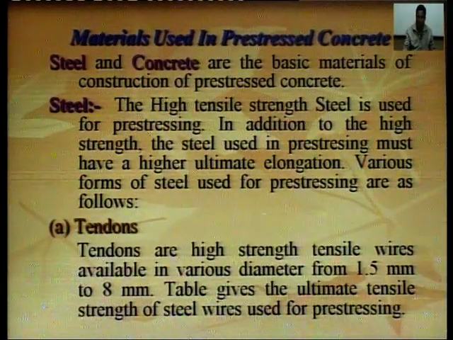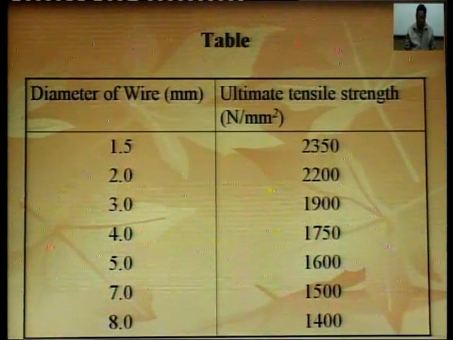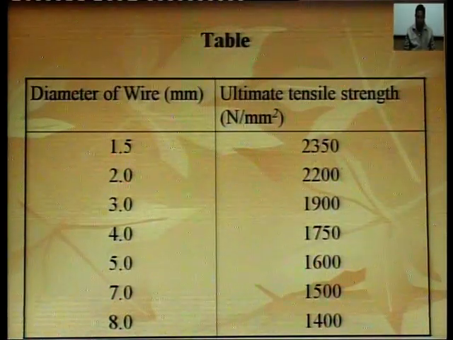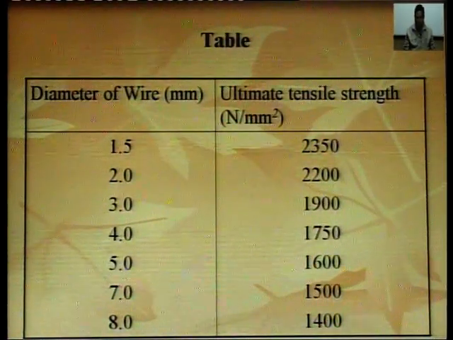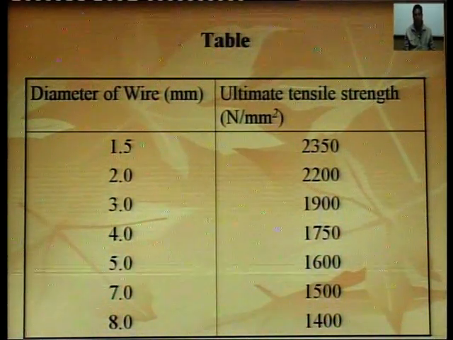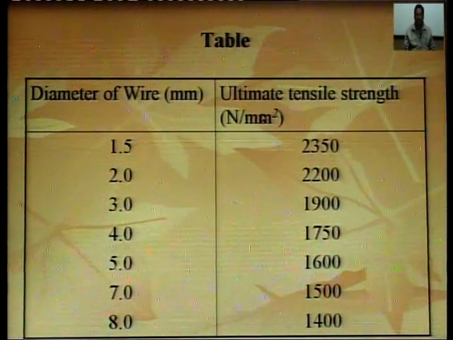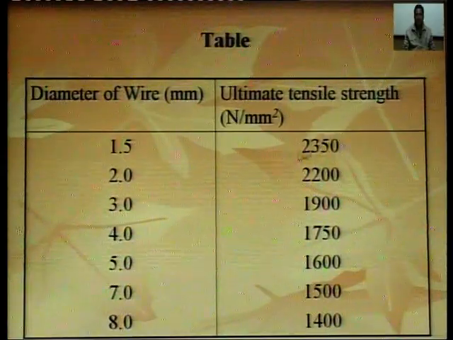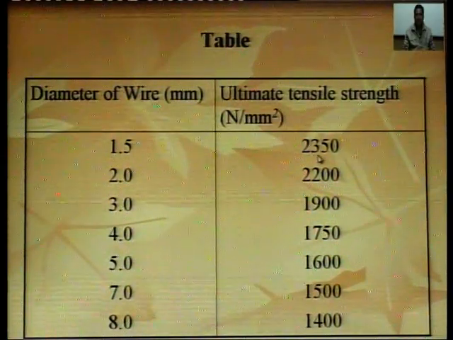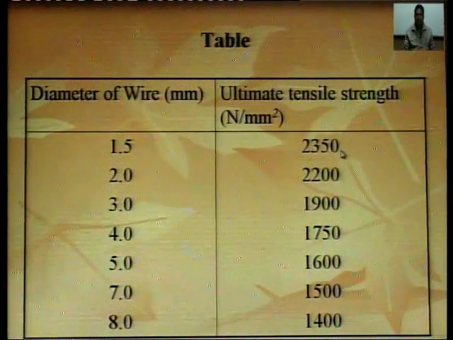Next there is a table. This table shows the ultimate tensile strength of the tendon. If the diameter of the wire is 1.5 mm, then the ultimate tensile strength of the steel is 2350 Newton per square mm.